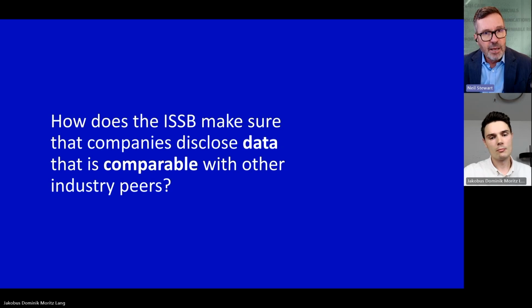As a result, IFRS S2 requires companies to make industry-specific disclosures relevant to their business models and activities. And to do that, they're required to refer to and consider disclosure topics and associated industry-based metrics in the industry-based guidance that accompanies the standard.